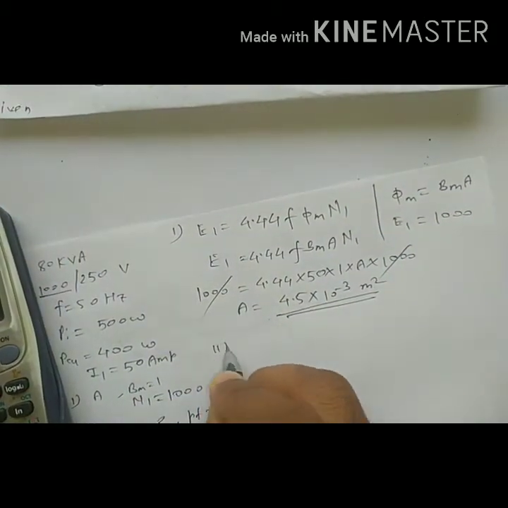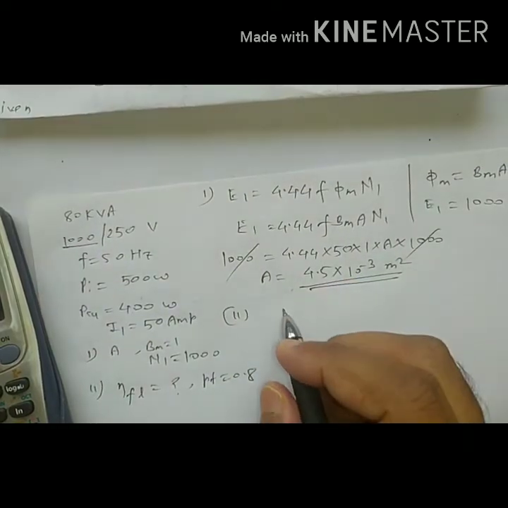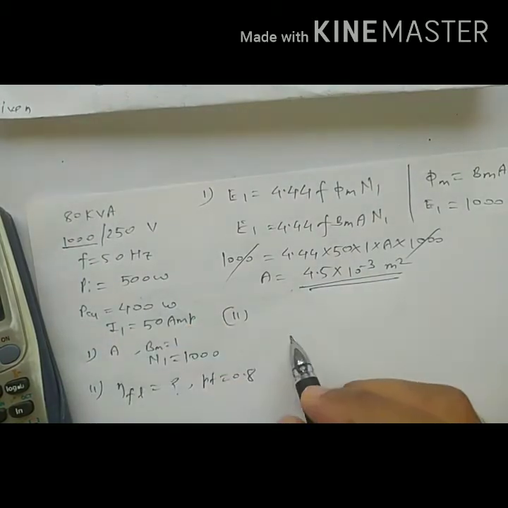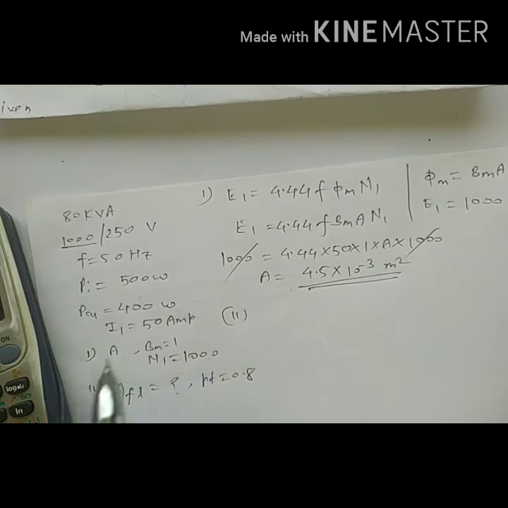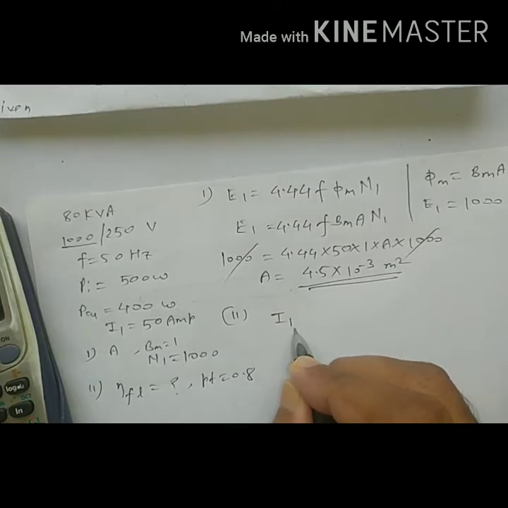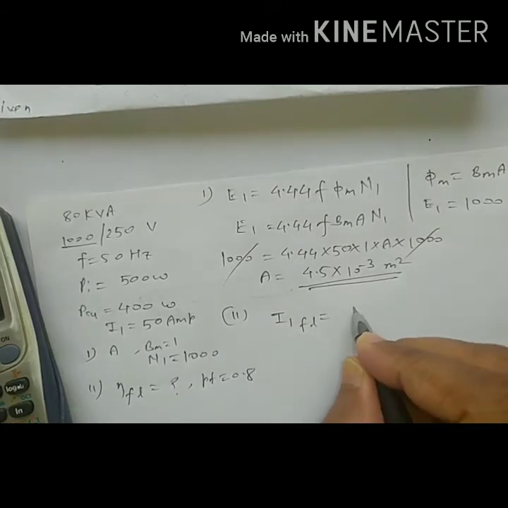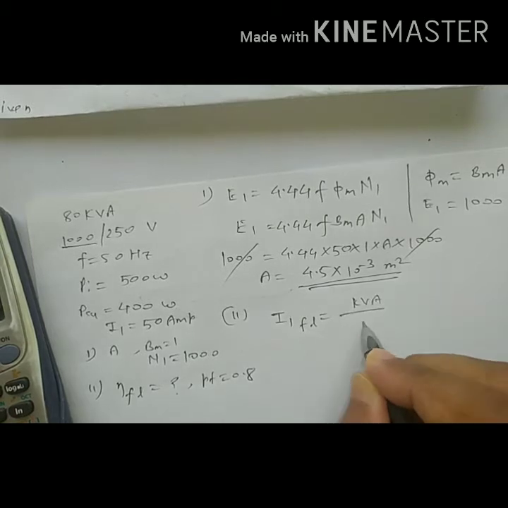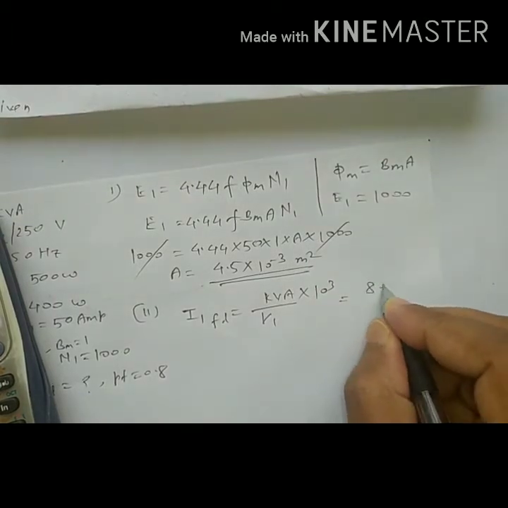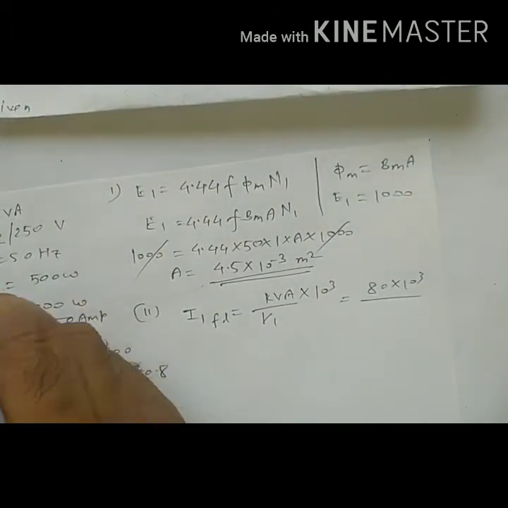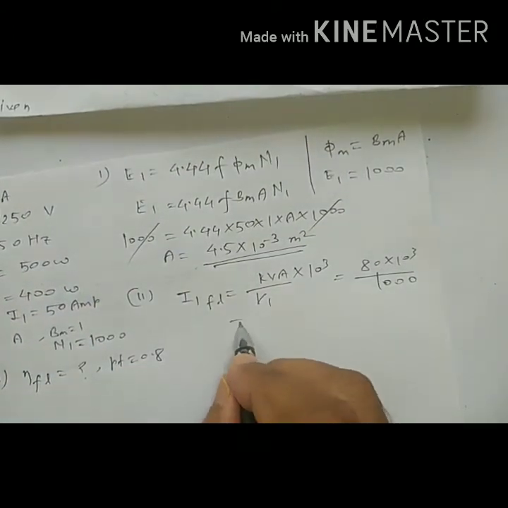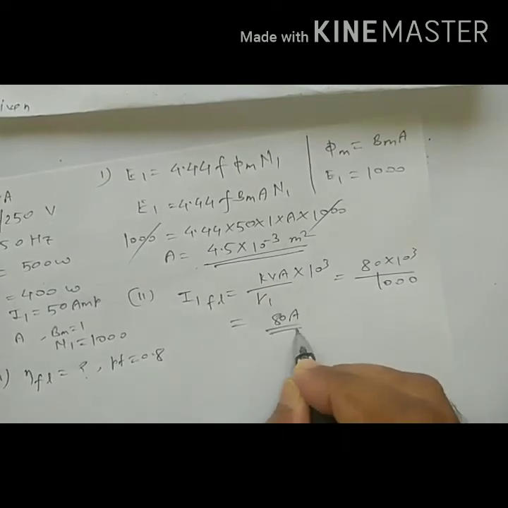Now for finding efficiency at full load, we must calculate full load copper loss. Rest is known, kVA, power factor, iron loss, but copper loss is also given, but it is not known whether it is full load copper loss or not. So full load primary current I1 full load can be given by kVA by V1, we know the formula: 80 into 10 power 3 divided by V1, which is 1000. So we got 80 ampere as full load current.